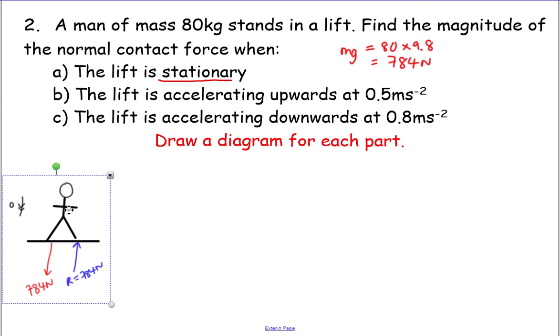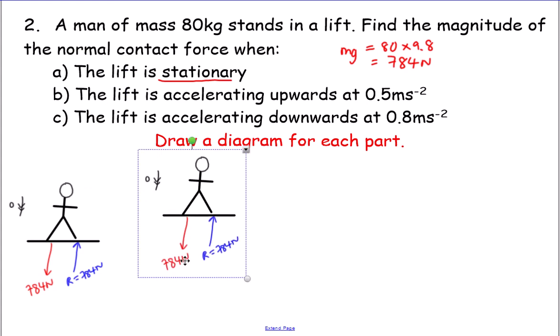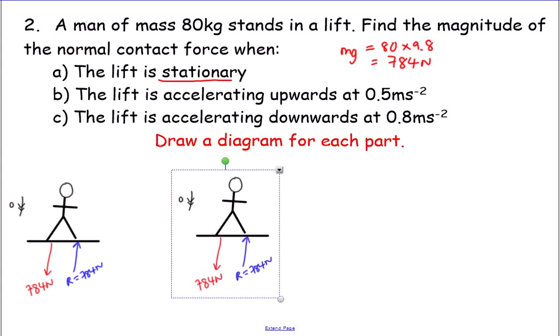So if I copy and paste my man, look, easiest thing. Okay, so let's have a look. What's the same, what's different? His weight is the same, he's still the same man. So that's unchanged. But this time the lift is accelerating upwards at 0.5 meters per second squared. What does that tell us about the forces? Well, they're not equal anymore.